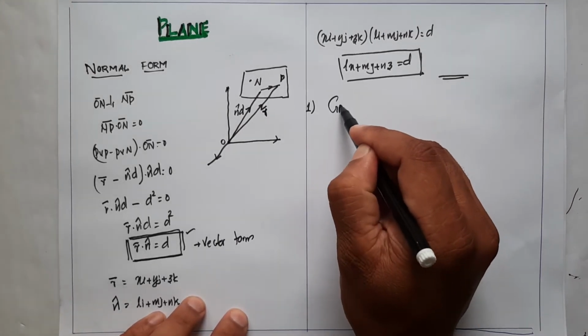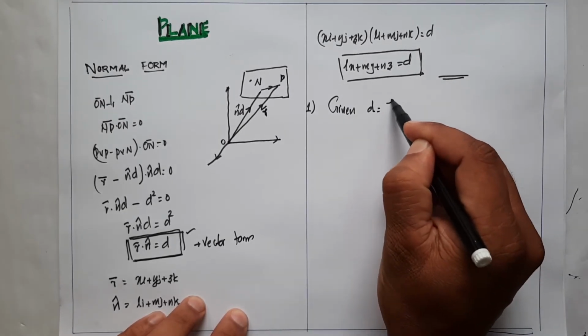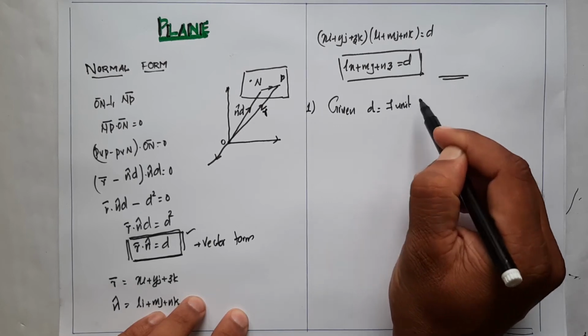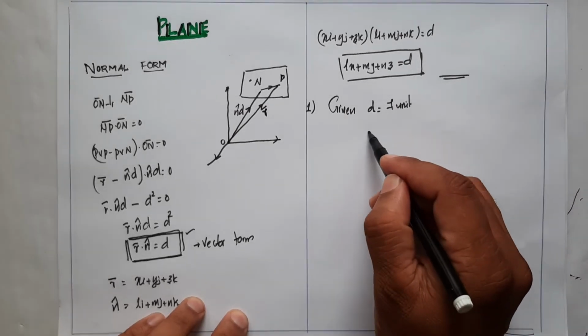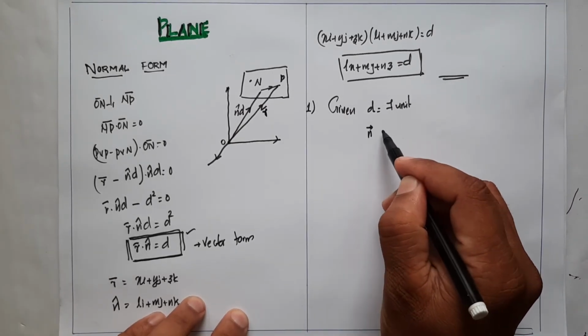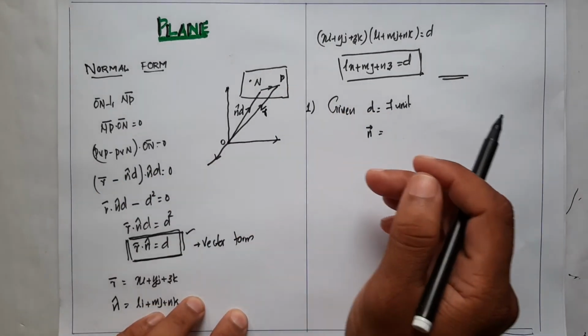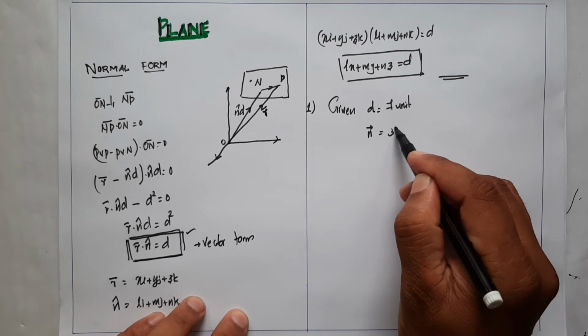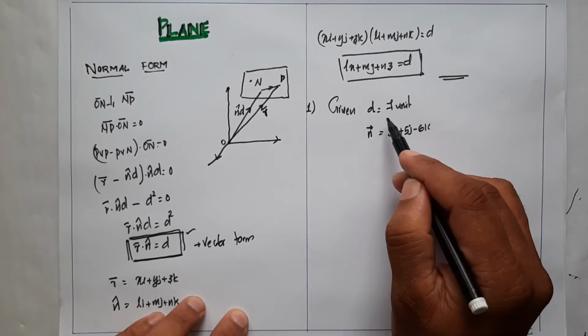Here D is already given, D is equal to 7 units, the distance from the origin to the plane. The normal vector, that is the perpendicular vector to the plane, is 3i plus 5j minus 6k.